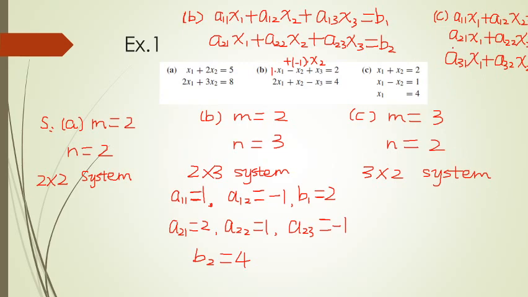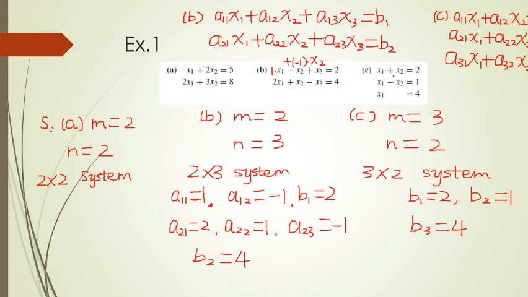So here, what is A11 for part C? What is A11? 1, right? A12, 1. B1 is 2, right? B2, 1. B3, 4. Now let's go through all the Aij's.